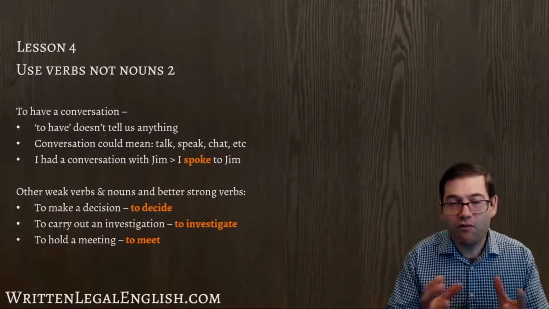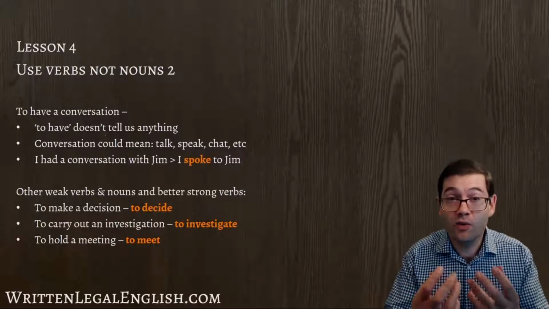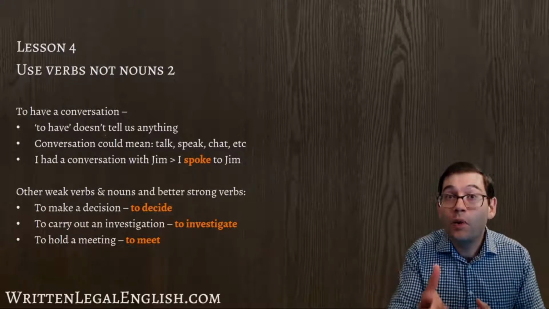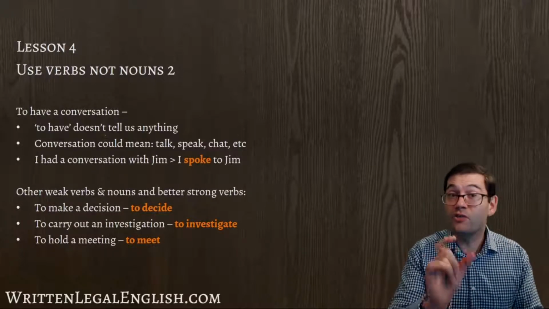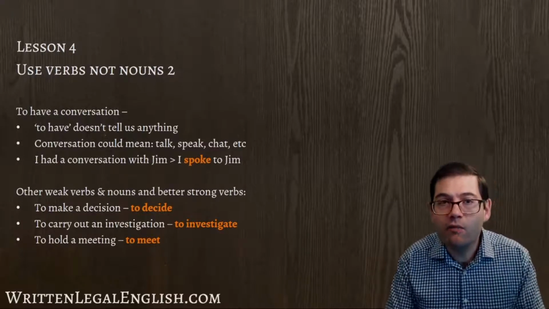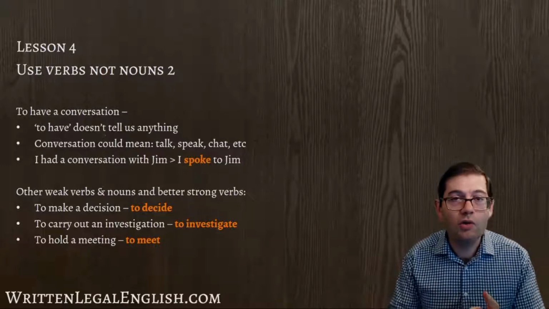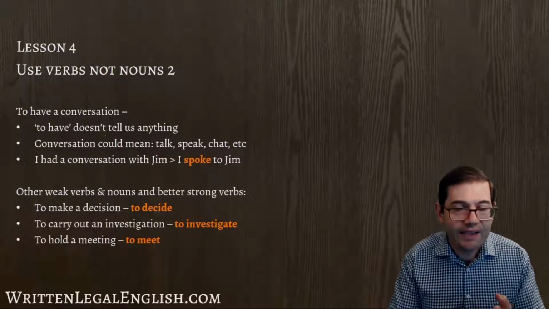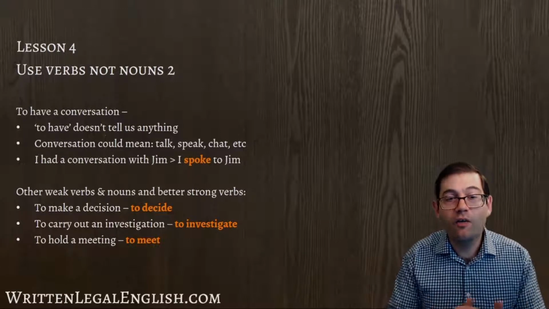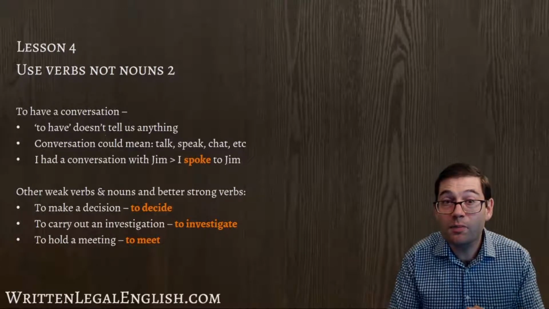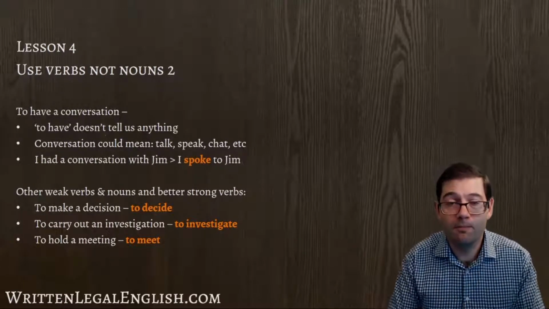This is a weak verb because it does not communicate the message we want to communicate. The noun conversation does. And conversation could mean talk or speak or chat or something else. So I had a conversation with Jim could be I spoke to Jim.